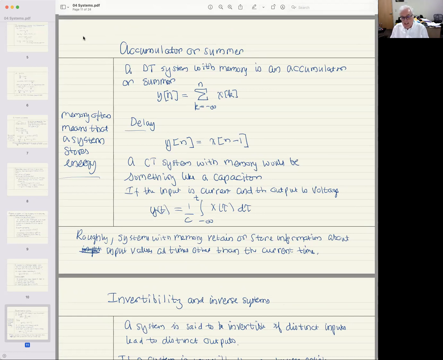We could also write a delay equation, and a capacitor is a pretty good example of a system where we have a system with memory. Memory means really that the system stores energy, or very often that's what it means. But roughly, systems with memory retain or store information about input values at times other than the current time.